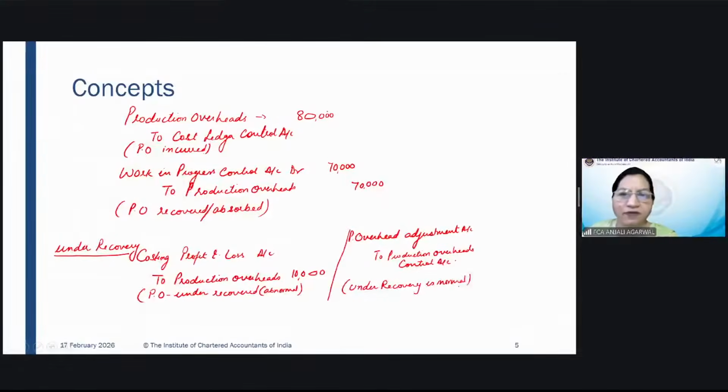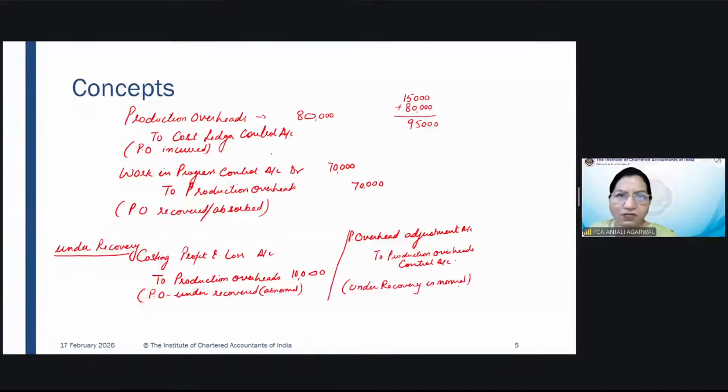So the under recovery is not by 10,000. Total production overheads are now debited by 15 plus 80, 95,000. Out of 95,000, 70,000 is recovered. So therefore, there is an under recovery or under absorption of 25,000.